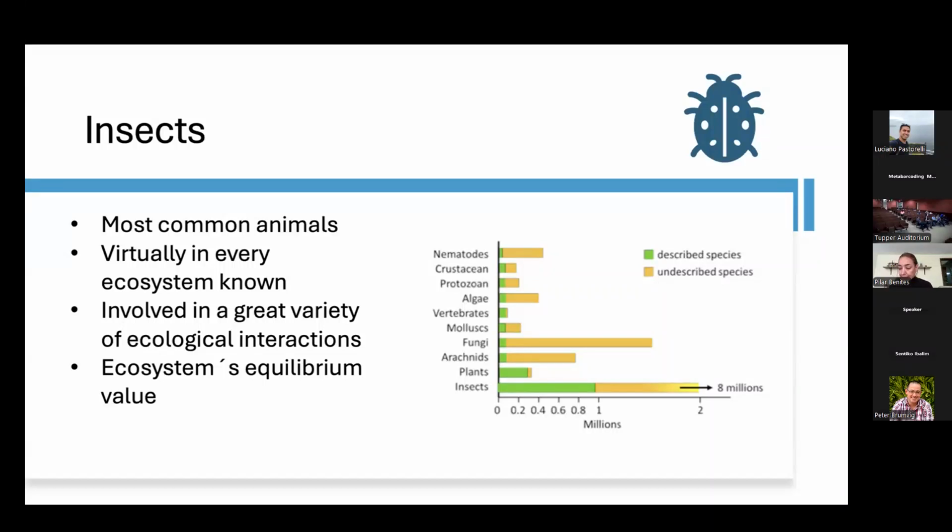So they represent an essential component of the ecosystem equilibrium due to the different ecological roles that they provide in virtually every environment. Such ecological roles can include pollination, organic matter decomposition, predation, and prey interaction, to name a few.